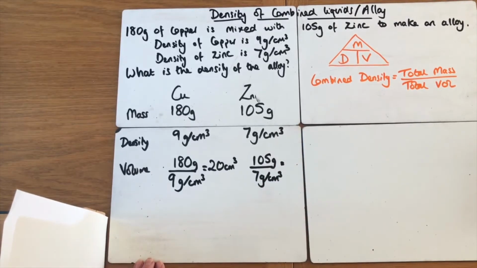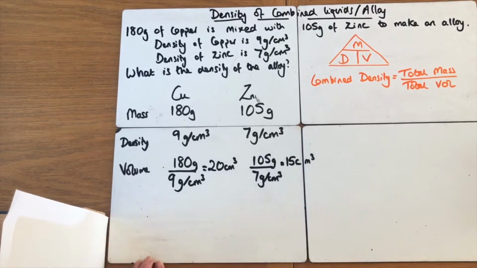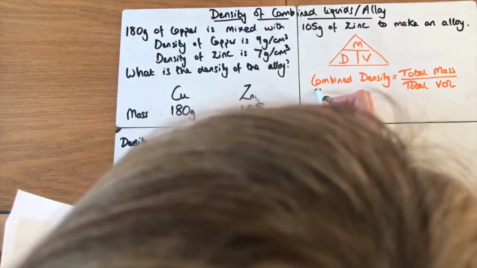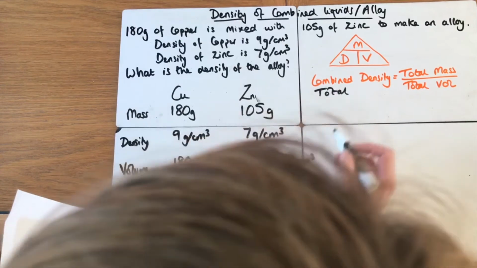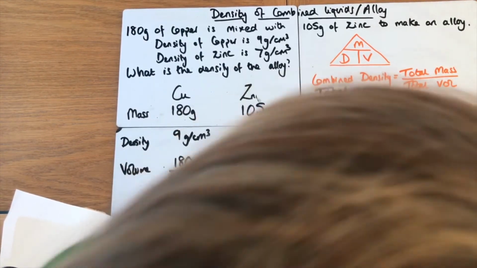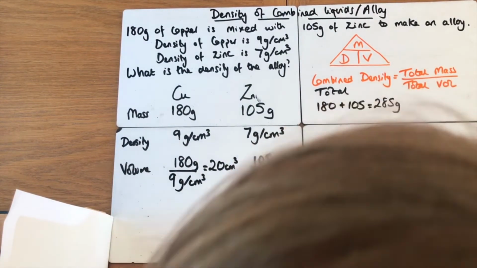And if we work that out, that gives us a volume of 15 centimetre cubed. So now we have the mass of both the copper and the zinc given in the question. So if I do a final column in my table over here, we can get the totals. So the total mass is 180 plus 105, which gives us 285 grams.